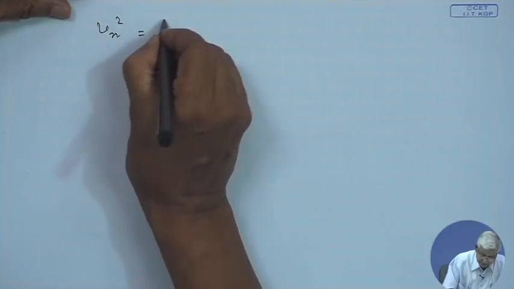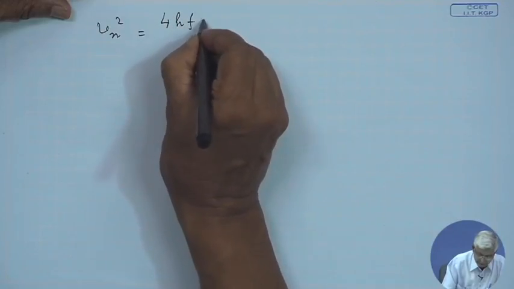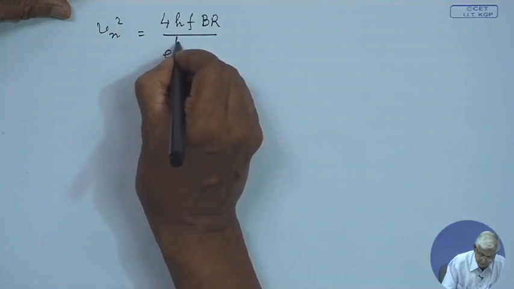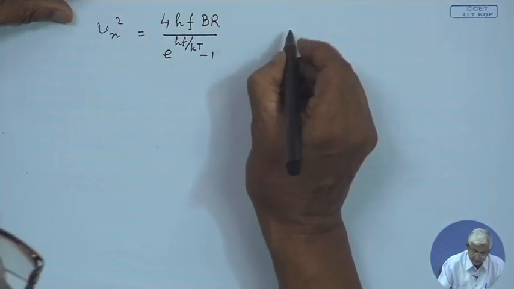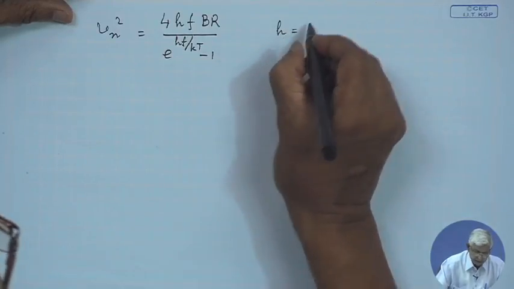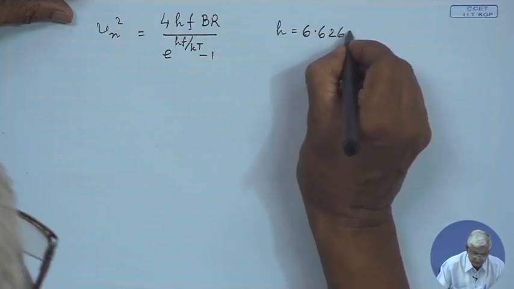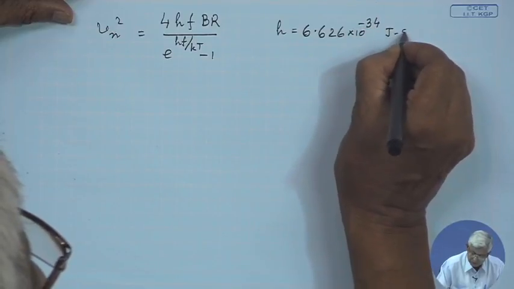Let us list them separately. Again, V n square is equal to 4 h f B R by e to the power h f by k T minus 1, where h is Planck's constant, its value is 6.626 into 10 to the power minus 34 joule second.